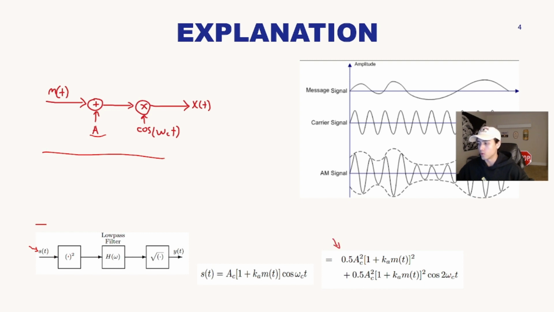And after putting it through a low pass filter, this term right here will go away, and you'll be left with this. And once you put it through a square root, you will receive what you want, which is the original message signal.